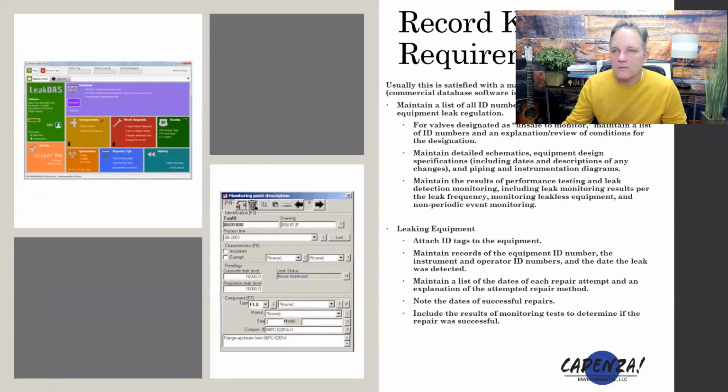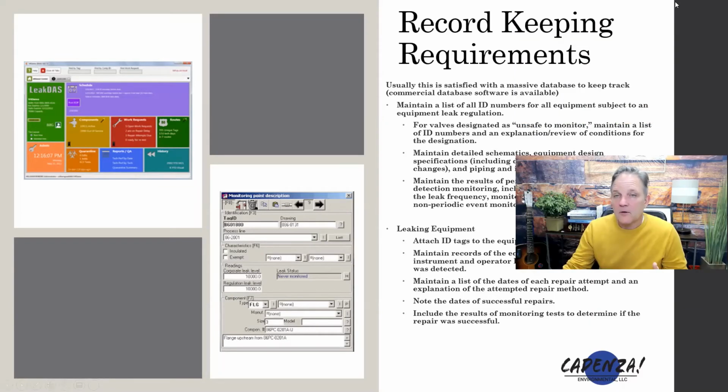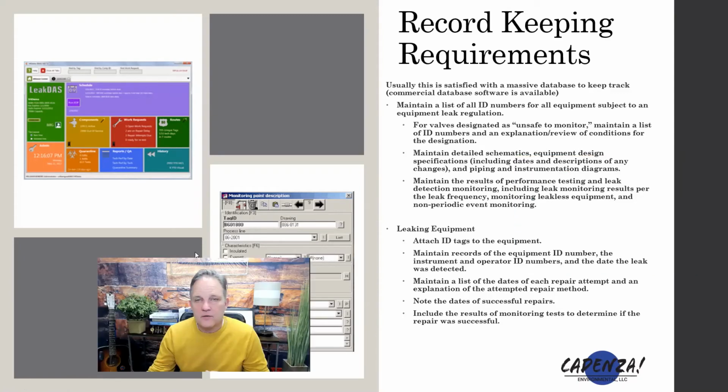So you have to find, monitor, repair. You also have record keeping requirements for all of this. And usually, as I had referred to earlier, these are massive amounts of information, and there are commercially available databases for people to use.